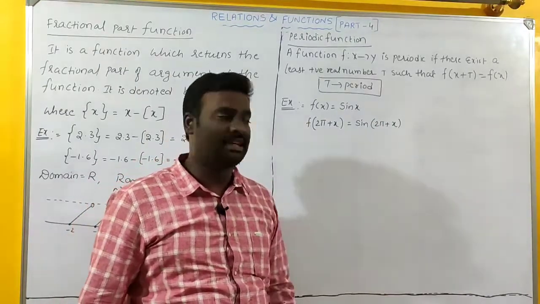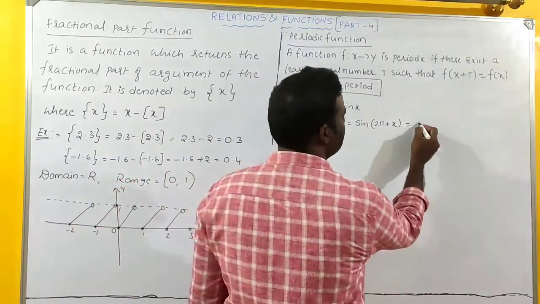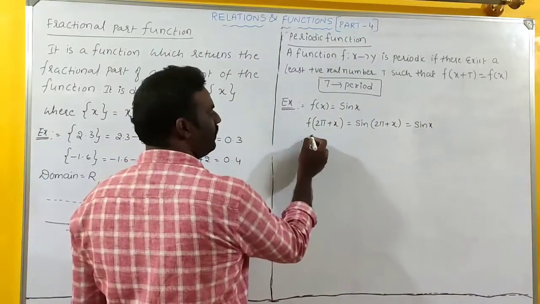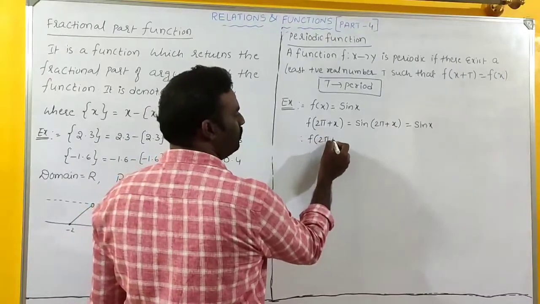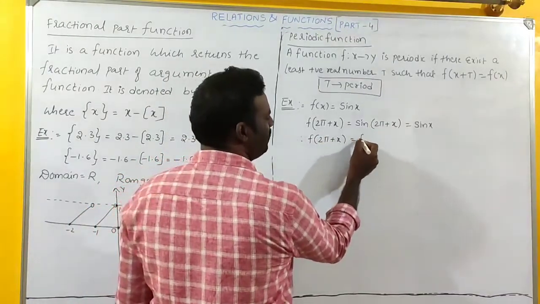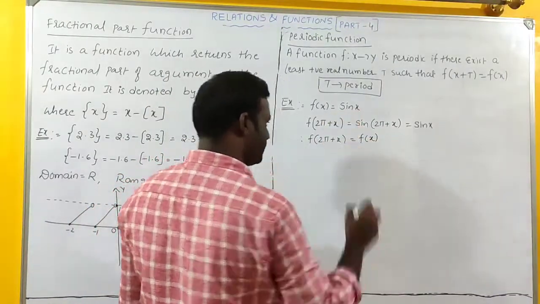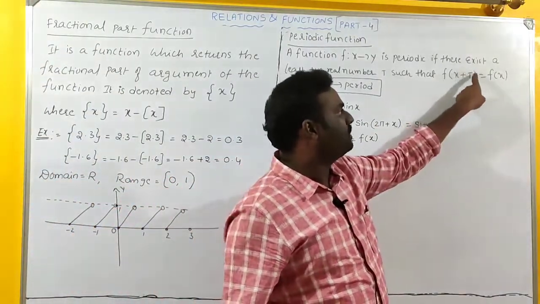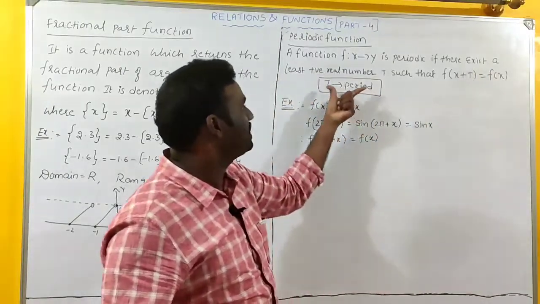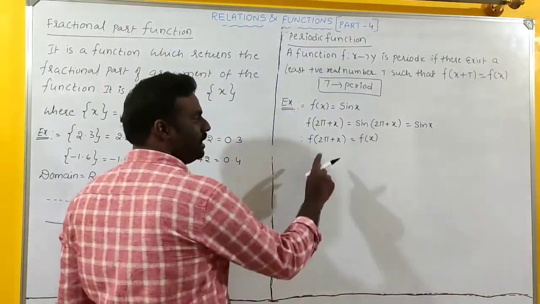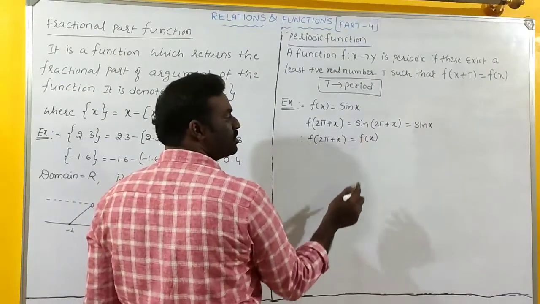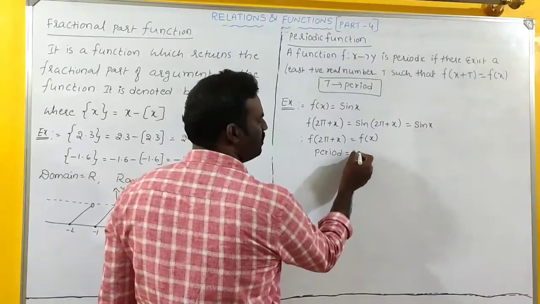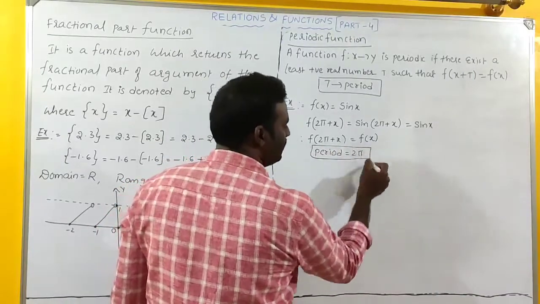Sine of 360 plus theta is nothing but sine x. So finally f of 2 pi plus x is equal to f of x. According to the definition, f of x plus t is equal to f of x, and t is called the period. Here f of x plus 2 pi equals f of x. Therefore, the period is 2 pi. This is the example.